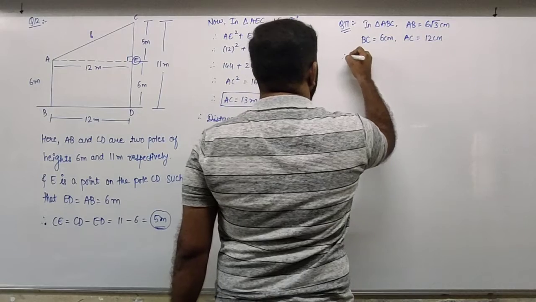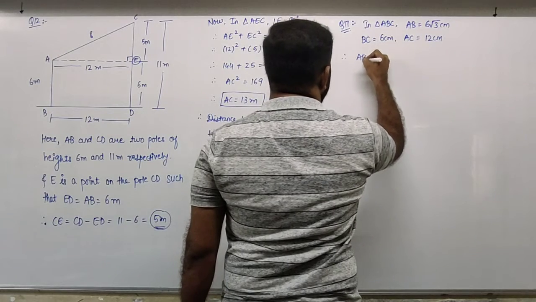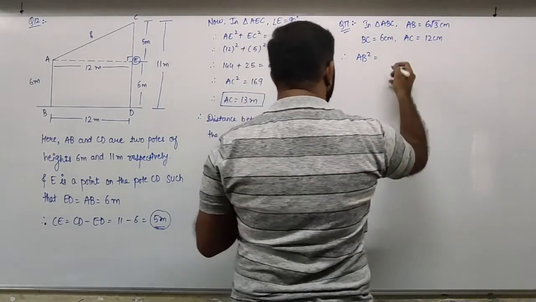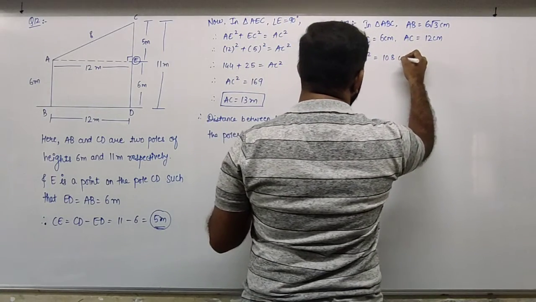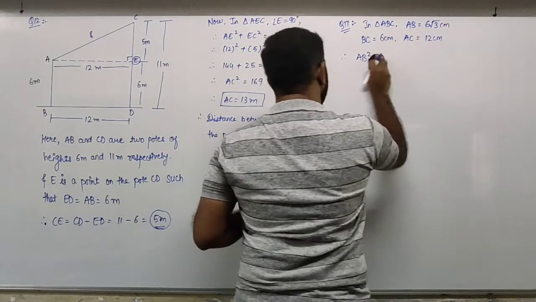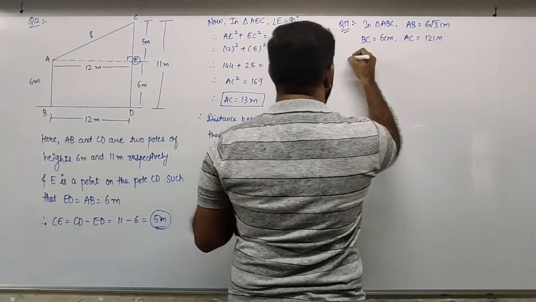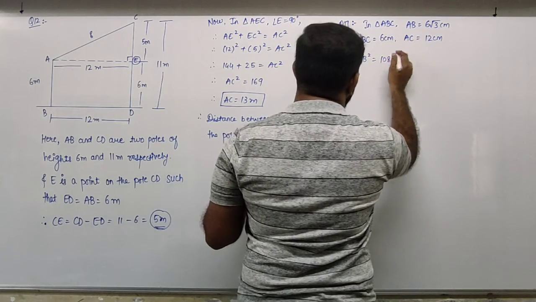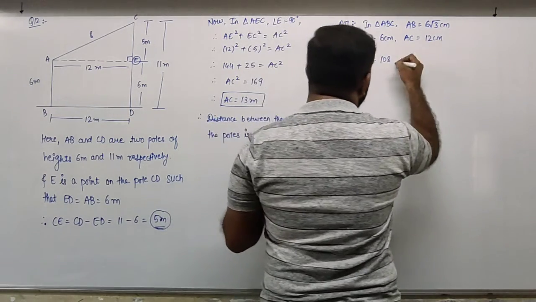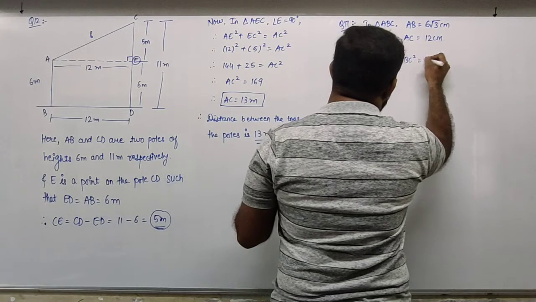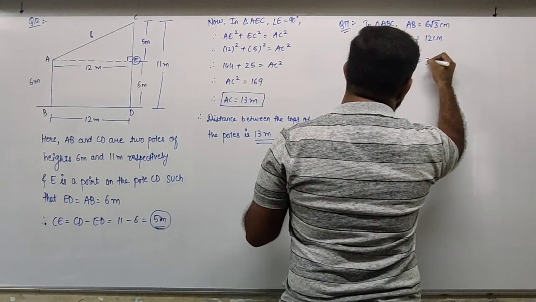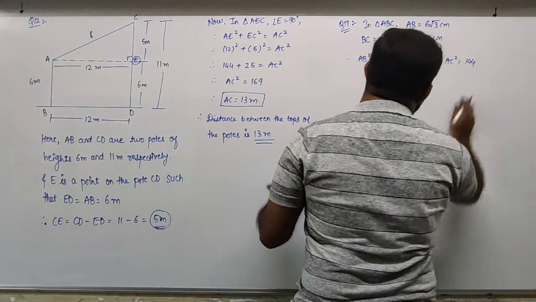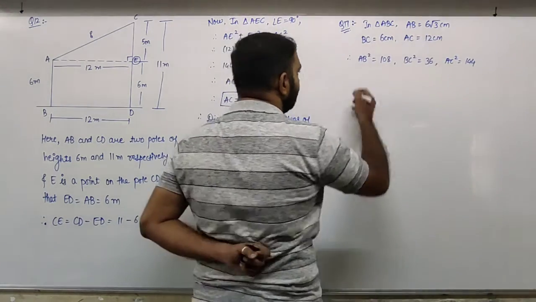So first of all, make the squares. AB square 36 into 3, 108 centimeter square. बराबर. Therefore, AB square is equals to 108. BC square is equals to 36 and AC square is equals to 144.